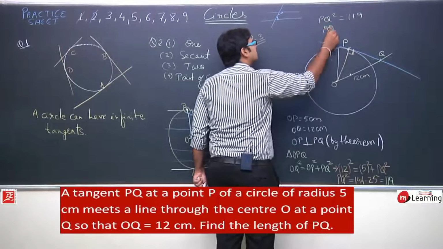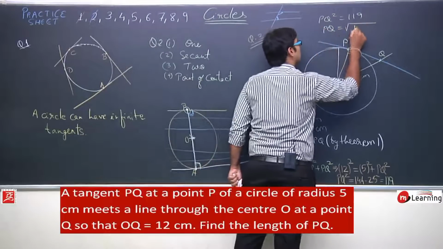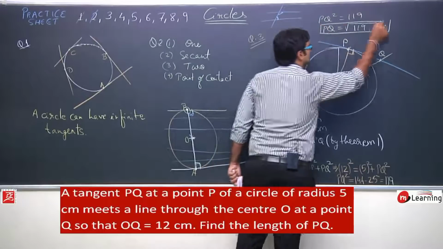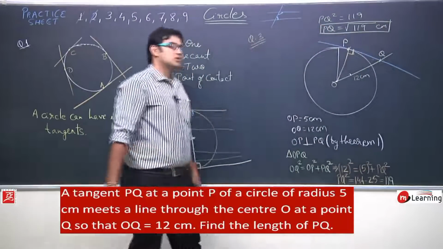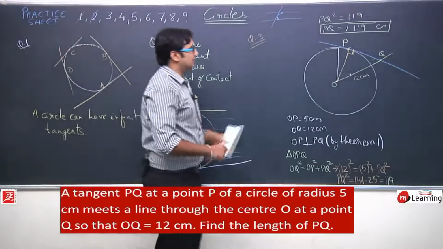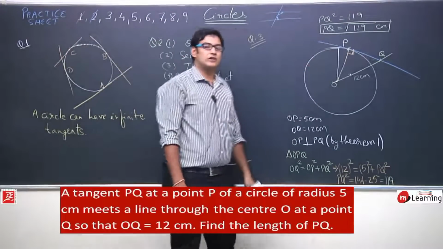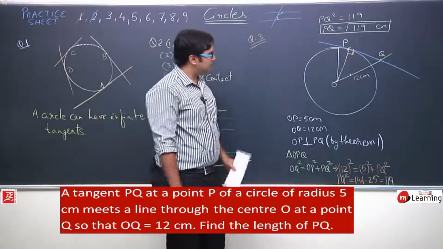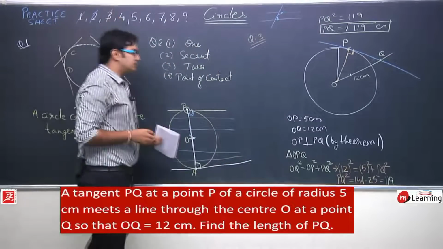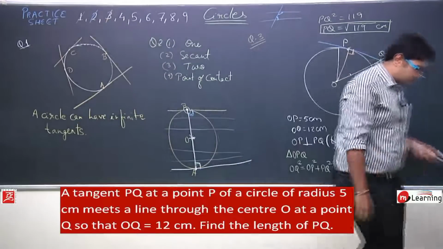So the length of PQ is equal to square root of 119 centimeters. The answer for this question is square root of 119 centimeters. So this is the solution for the third question from the practice sheet. First note this, then we will continue.